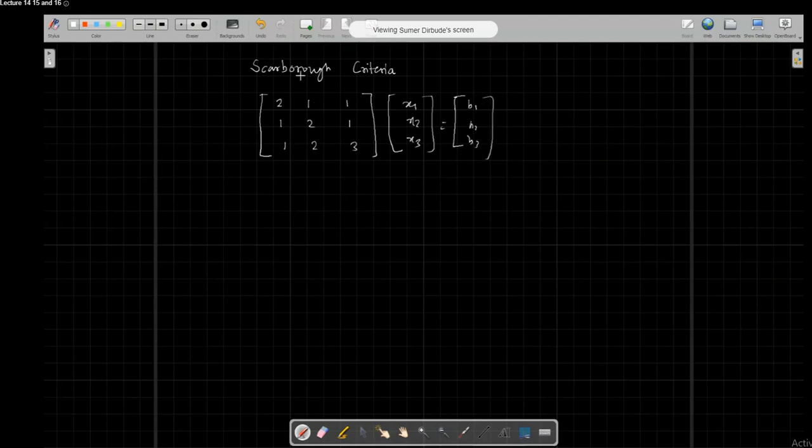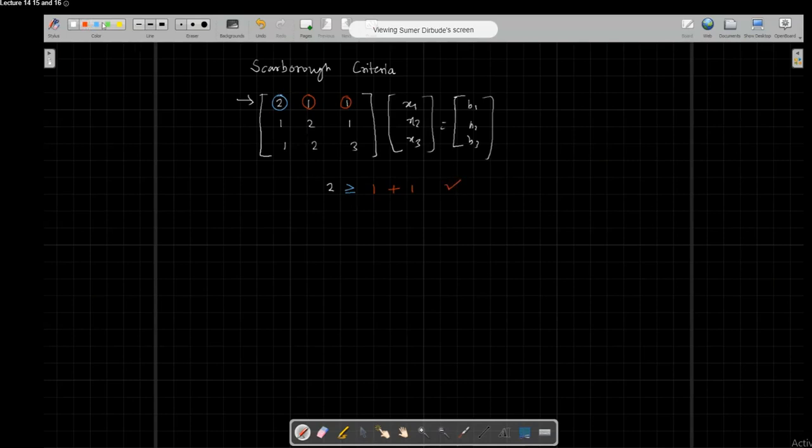According to this criteria, in every row the central element should be greater than or equal to the sum of the other elements. In the first row the other elements are 1 plus 1, so this is satisfied.